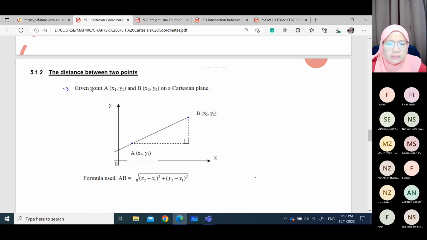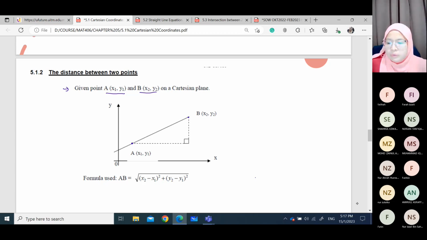Alright, look at this one. Given point A, so A is x1, y1 and B x2, y2 on a Cartesian plane. So ini kita panggil sebagai Cartesian plane. So Cartesian plane maknanya adalah koordinat yang melibatkan two axis, dua paksi x dan juga paksi y.